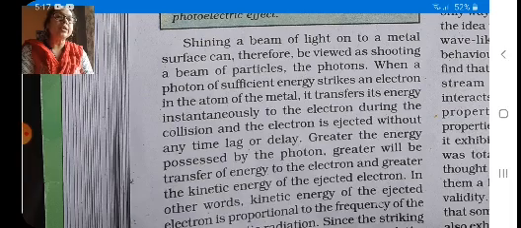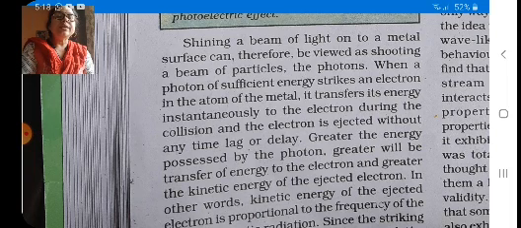When a photon of sufficient energy strikes an electron in an atom of the metal, it transfers its energy immediately to the electron during the collision, and the electron is ejected without any time lag, without any delay.